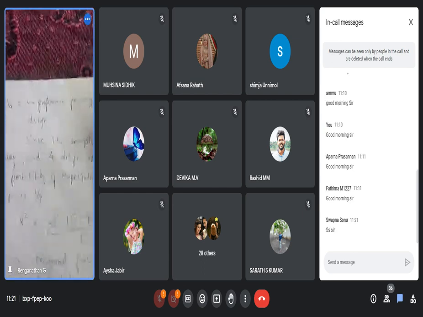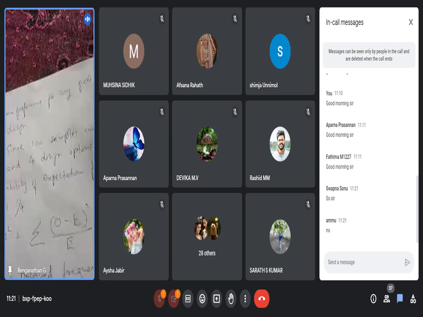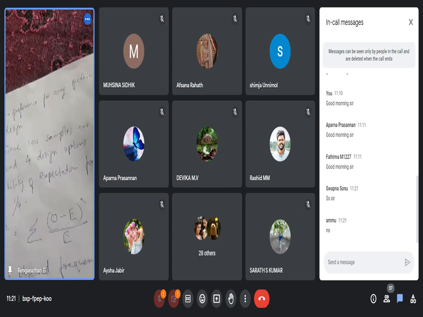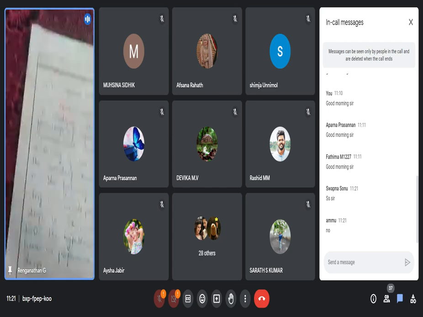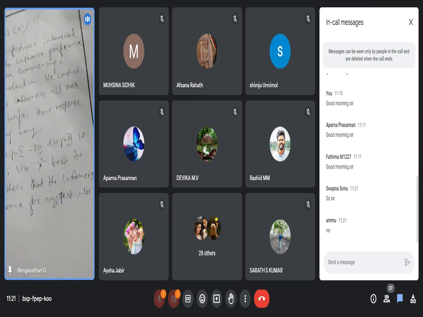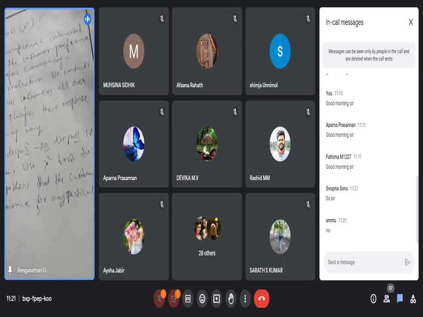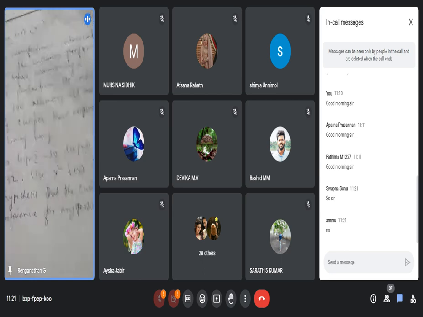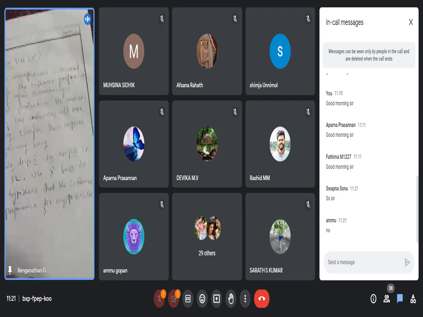Okay, Swapna. Now, our hypothesis is whether there is any preference for any particular design. It is specified in the question that there is no preference for any particular design, isn't it? We are going to test the hypothesis that there is no preference for any particular design.